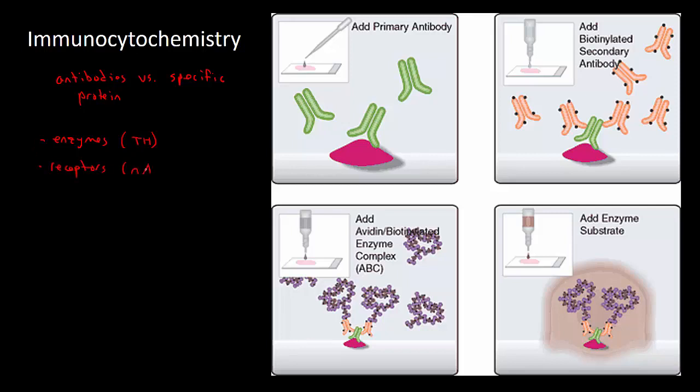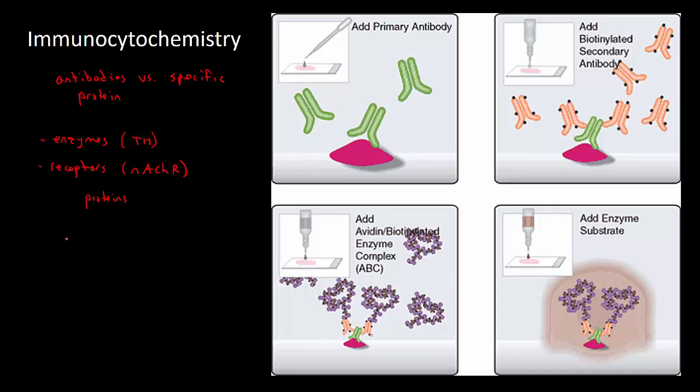We'll say nicotinic acetylcholine receptor. These are all proteins. So if I take some human nicotinic acetylcholine receptor and I inject it into a mouse or a rat, that animal is going to make an antibody against it.